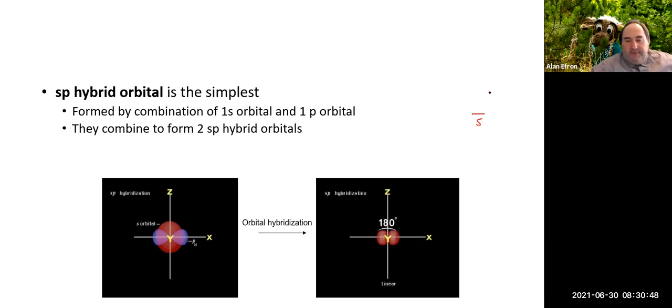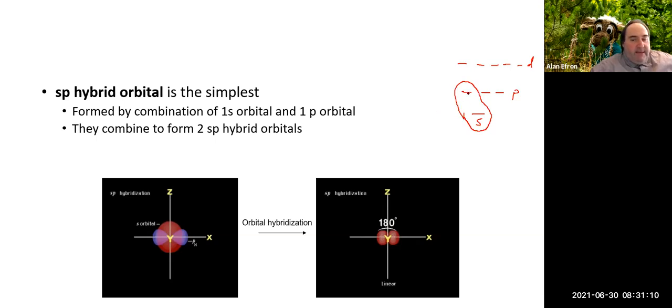For p orbitals, there are 3 p orbitals, for d orbitals there are 5 d orbitals, and so forth. So when we talk about sp hybridization, basically what we're saying is we're going to take one of these s orbitals and one of these p orbitals and hybridize them.